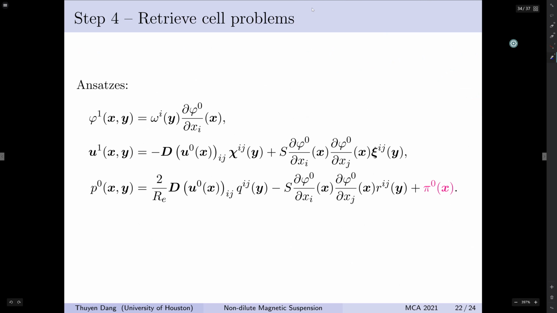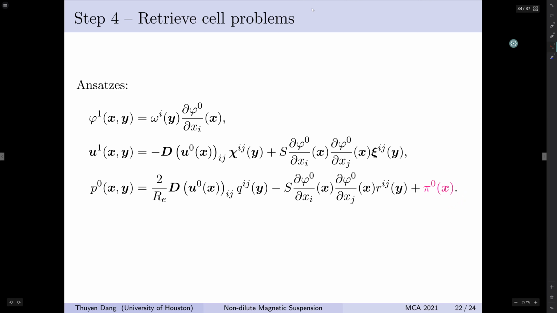For the ansatz for P naught, you need to introduce this one, pi naught, because you want to capture the macroscopic behavior of the pressure.